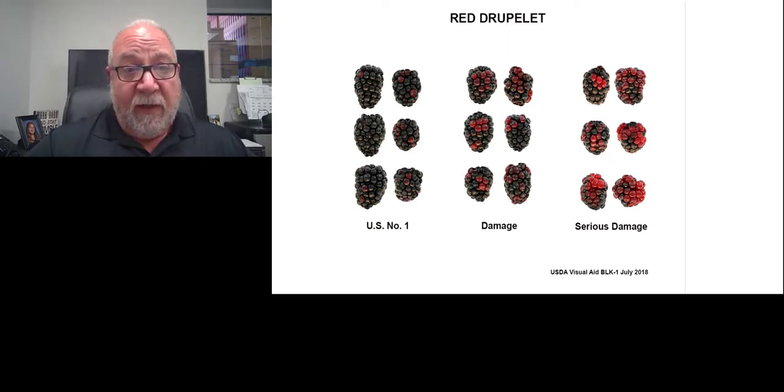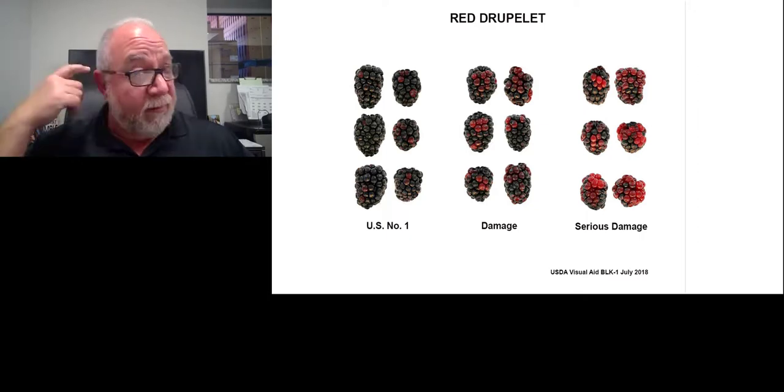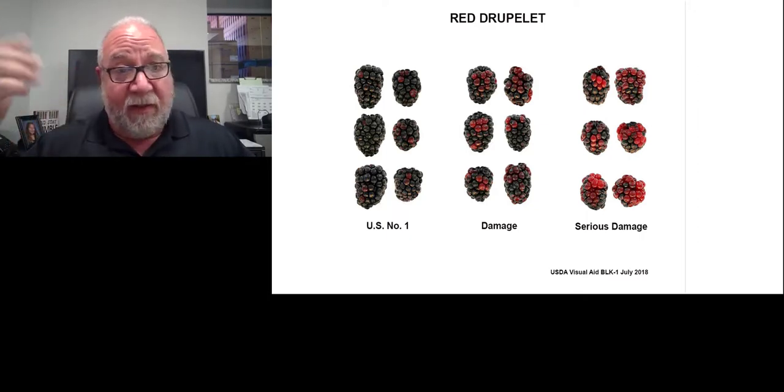This is pretty clear. But the important part is that there is some allowance in the book, but it all depends on your inspector, whether you're calling a federal inspector, or the guys at the dock, or our QC people at the coolers.